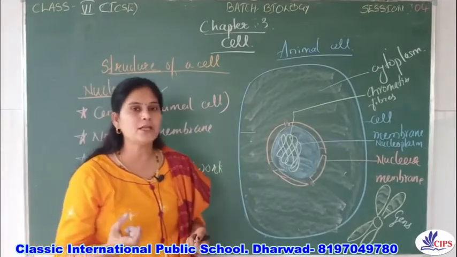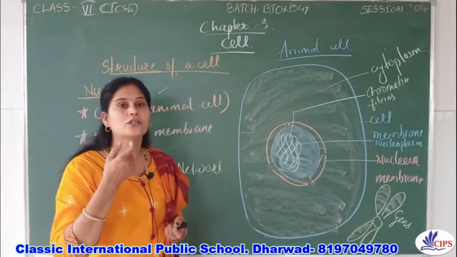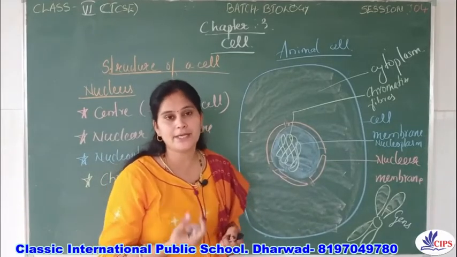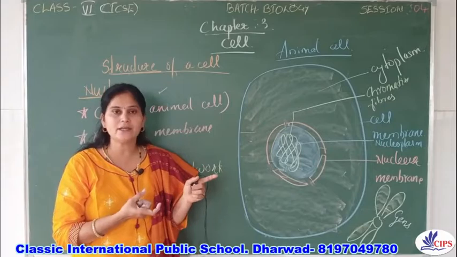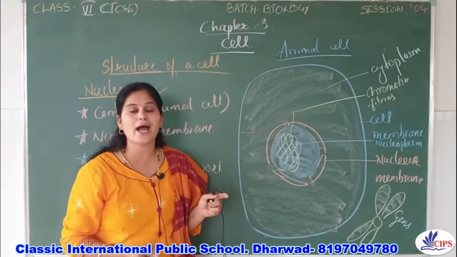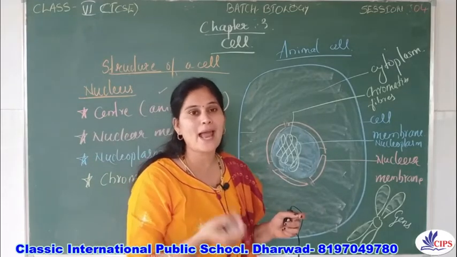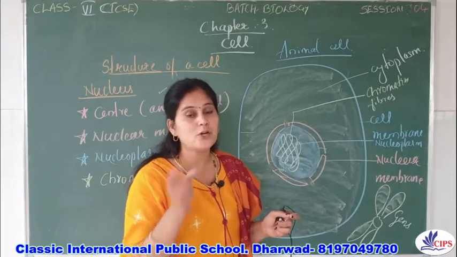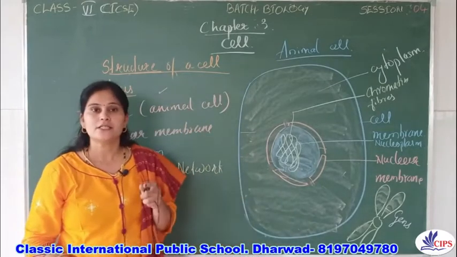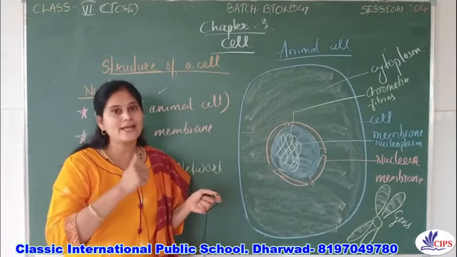For example, like the height, right? Or the color of the skin. Some may be fair, some may be dark. So the parental characters will be transferred to the children, or it may be the eye color. Some have eye color like brown, black and blue. So if they have blue colored eyes, definitely their parents should have that gene.